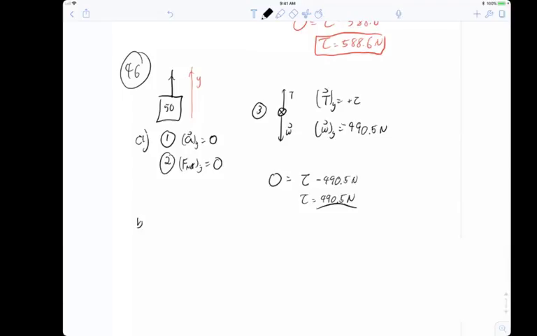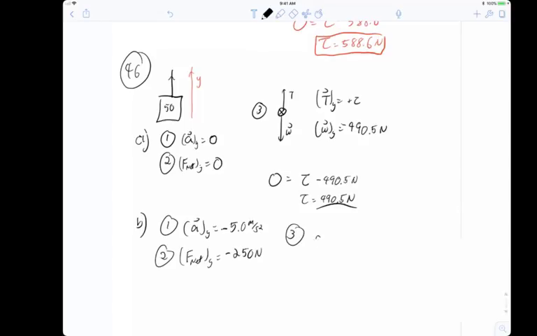Part B. Reproduce the question, only this time the box has velocity 5 meters per second and it's slowing down at 5 meters per second squared. So the acceleration is minus 5.0. 2. Net force. Going to multiply the acceleration by the mass. Minus 250 newtons. 3.